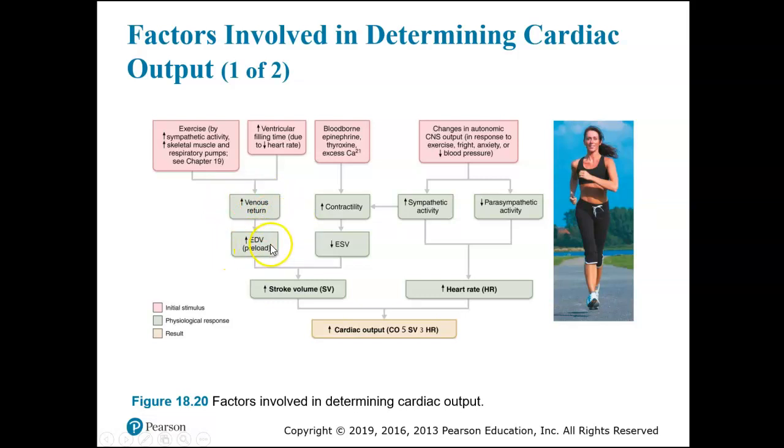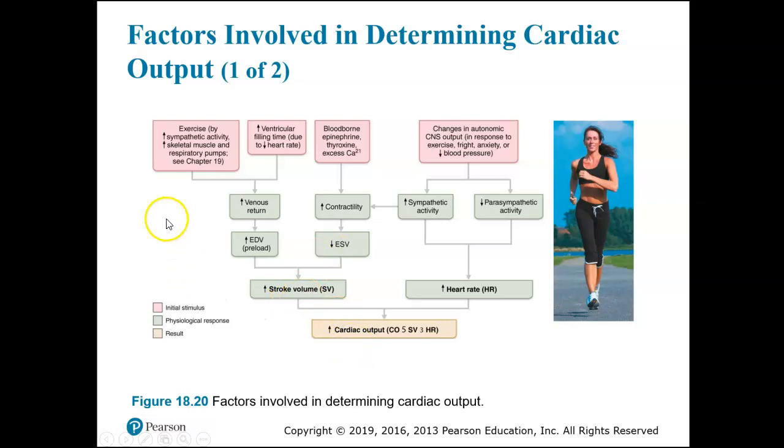That's going to increase the end diastolic volume, which we also call the preload. So the greater the end diastolic volume, the greater the stroke volume. The greater the contractility of the heart, that is going to decrease the end systolic volume, or the amount left in the heart after it contracts. And that will increase the stroke volume, which will increase cardiac output.